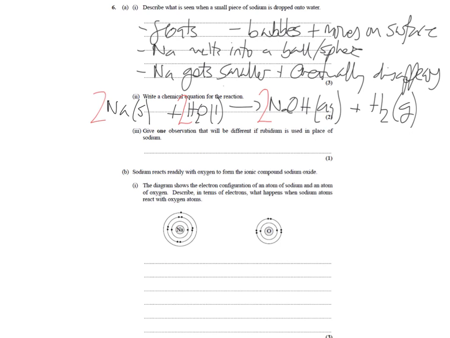But you wouldn't get a mark here for saying it's a more vigorous reaction. You need to say something specific about the observation. And actually, rubidium in water, you can look this up on YouTube. There's some great videos showing this, but it explodes.